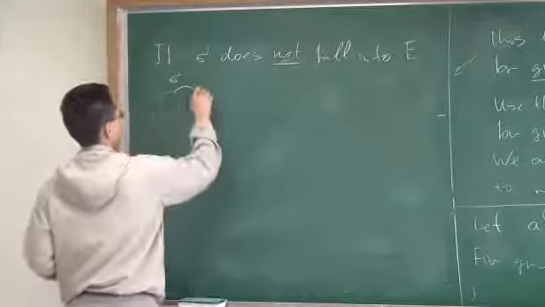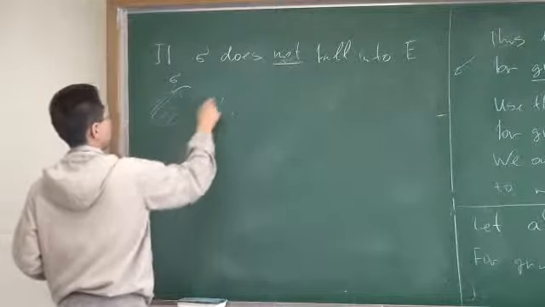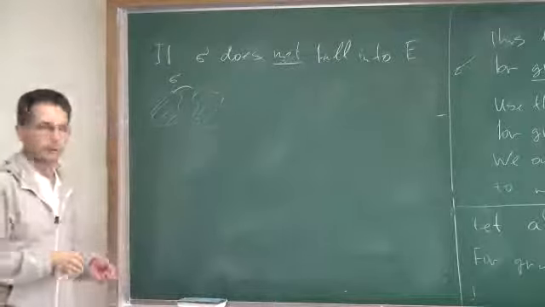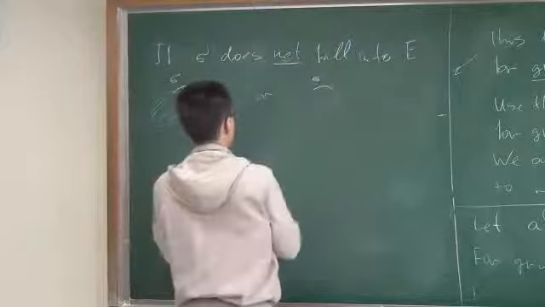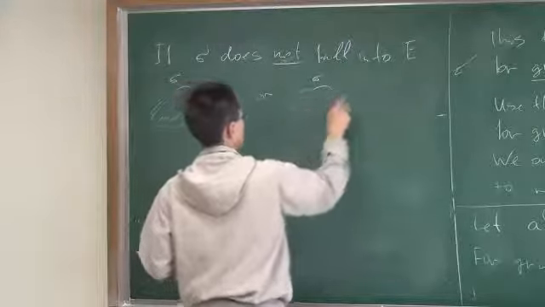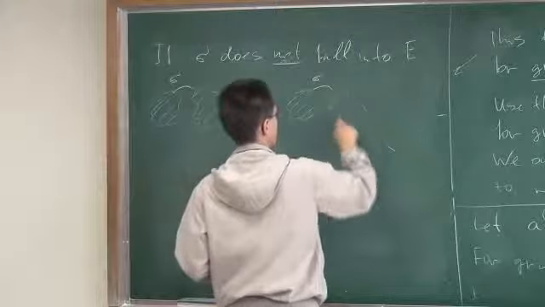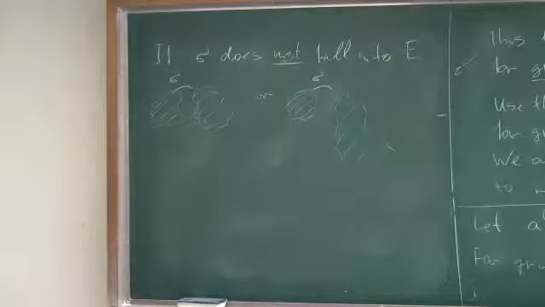So the picture is like this. Sigma is here. And either these two components are like this, both finite components, or one of them is finite but the other is infinite. Right? That is the situation.